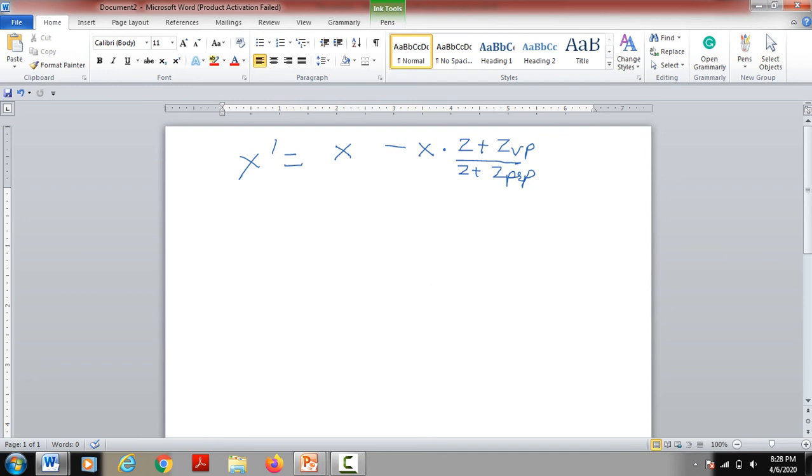After solving, this equation becomes x dash is equal to x multiplied by (zprp minus zvp) divided by (z plus zprp).